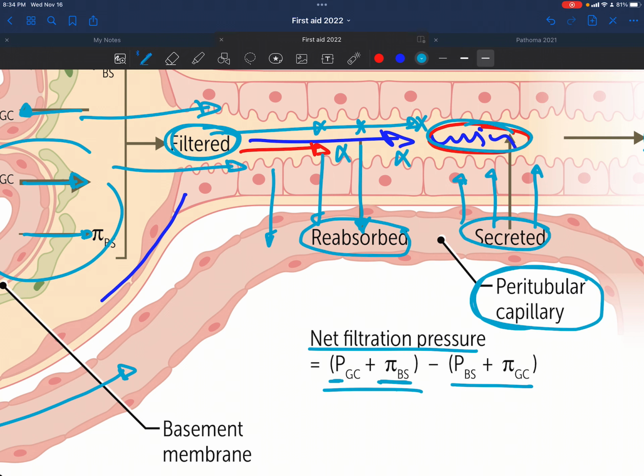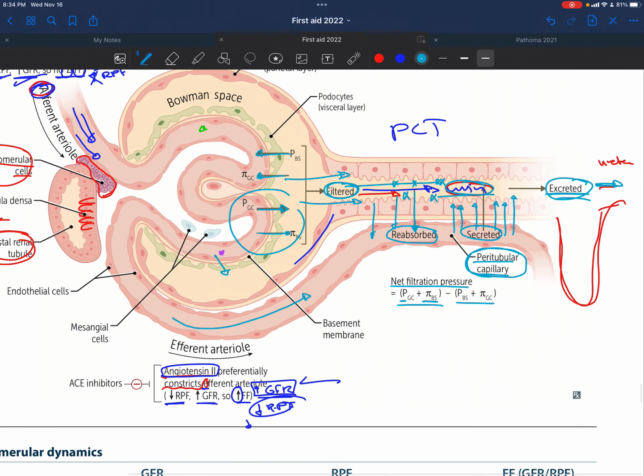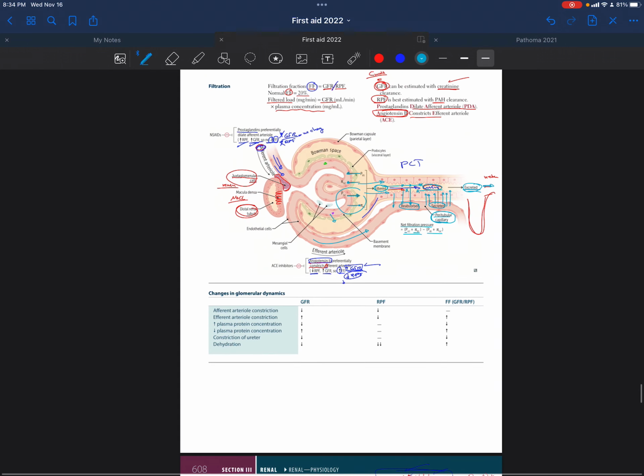So this is when the peritubular capillary decides that it's time to clear itself by secreting its material into the urine to be excreted, and that's what's called secretion.